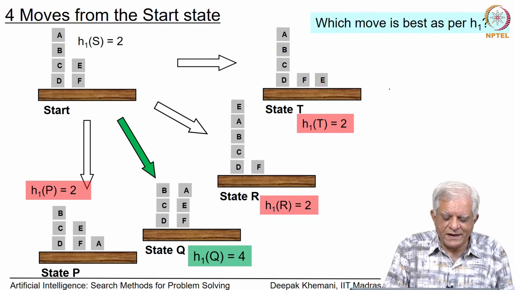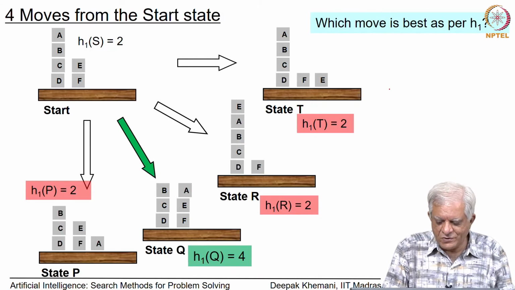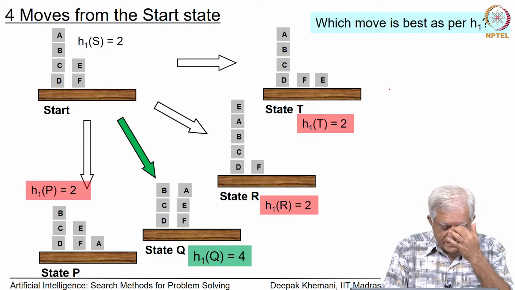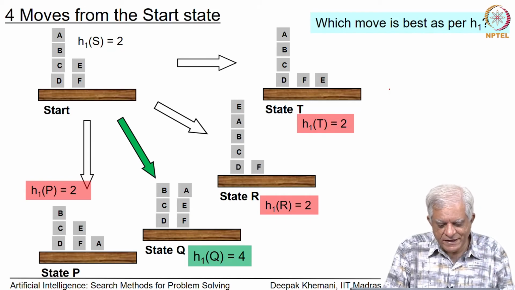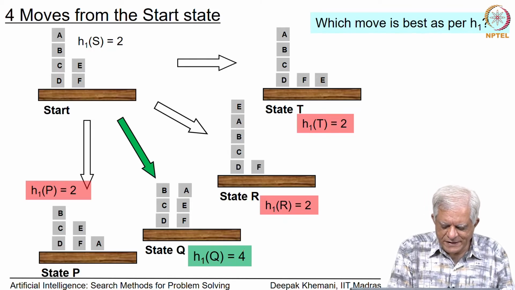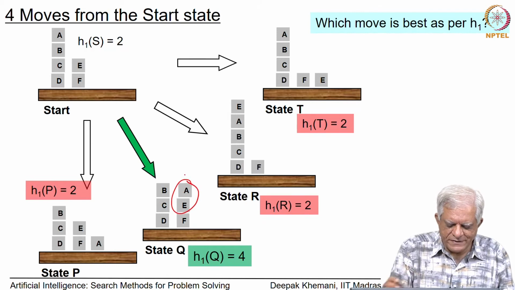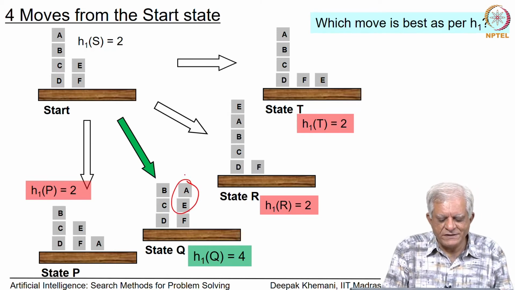So, you can see that the start state has a heuristic value of 2 and 2 of the neighbors, which is state T and state R, they also have heuristic value of 2, as well as state P, which also has a heuristic value of 2, and the state Q has a higher heuristic value, which is that of 4, and that higher value has come because of the fact that this A is on E, which is what it should be in the goal state, if you remember the goal state essentially.